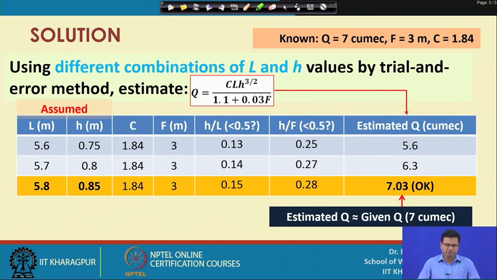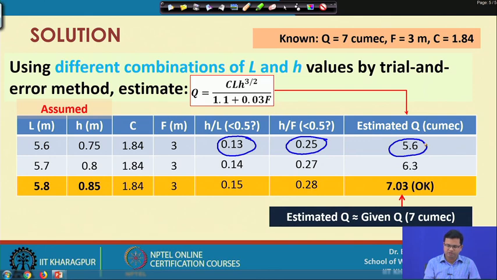Since C equal to 1.84 and F equal to 3, I can estimate the value of small h by L that equals 0.13, which is much less than 0.5 and is as per my design criteria, and the value of small h divided by F is coming to be 0.25, which is again as per my design criteria, less than 0.5. My estimated value of Q is 5.6, which is estimated by using this equation, but this value is much lower than that of my design Q value, that is your 7 cubic meters per second.